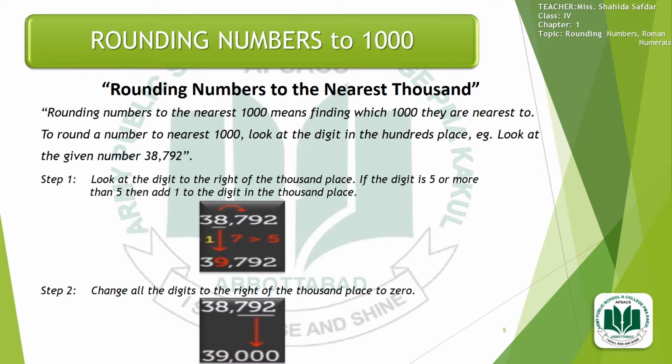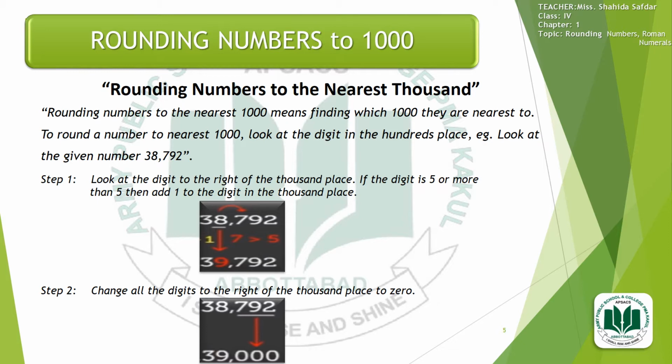Students, rounding numbers to the nearest thousands means finding which thousand they are nearest to. We know that every number has two values of thousands. The one is lower value of thousand and the second is higher value of thousand.